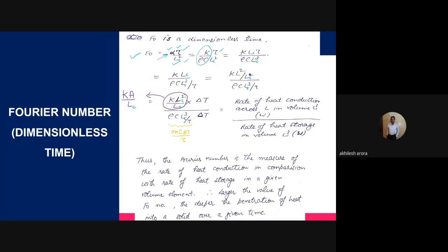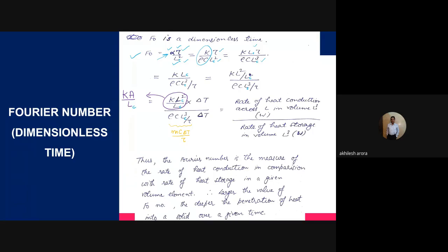Now we can multiply by LC in the numerator and the denominator also. So the equation becomes k LC tau divided by rho C LC cube.